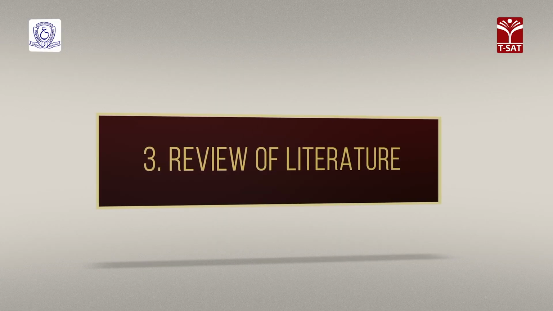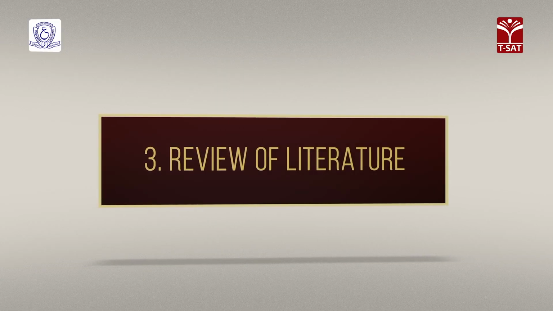The third step is review of literature. The review of literature helps to gain insights in the research topic, gain information and acquaintance about the data and other materials on the theme of the proposed area of research. The literature reviewed may be classified into two types.